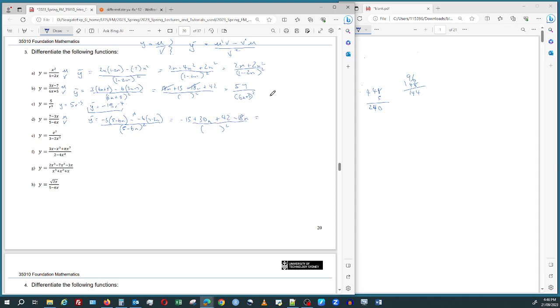So we get minus 30x, 30x minus 18 is near enough to minus 20, so it's 12x. And 42 take away 15, 32 take away another 5, 27 over 5 minus 6x all squared.